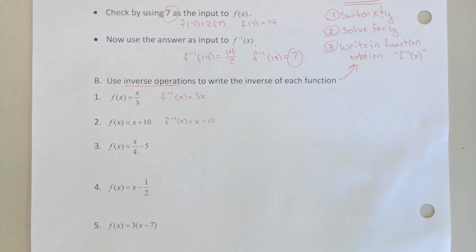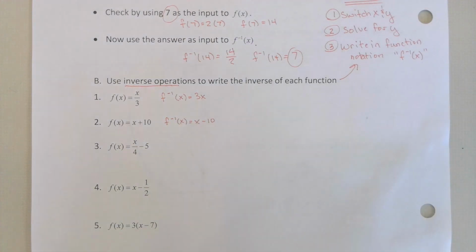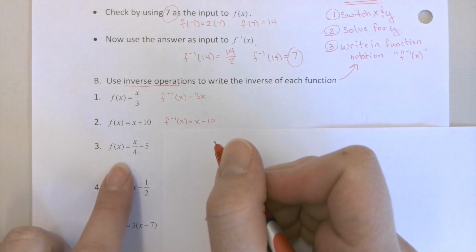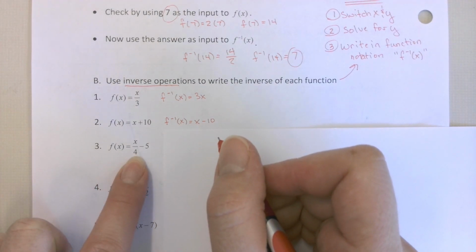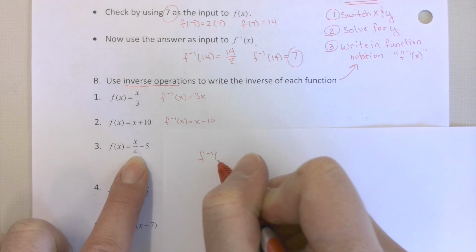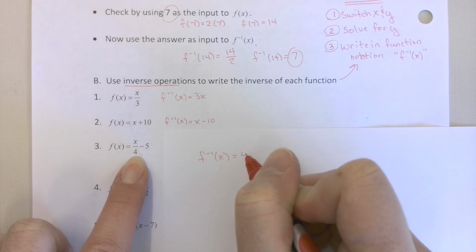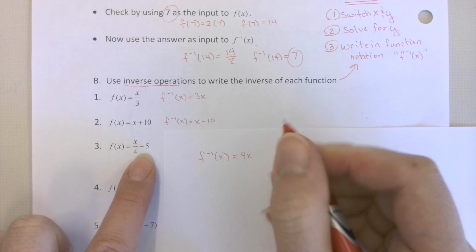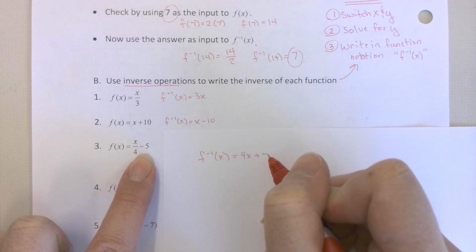Where I'm not comfortable using inverse operations is on multi-step problems, because this is one of the mistakes that people make. I'm using an extra piece of paper here. The mistake people make is they look at this f of x and say, okay, the inverse of division is multiplication, so here's my inverse, and they're going to do 4x, and they say the inverse of addition or subtraction is addition.